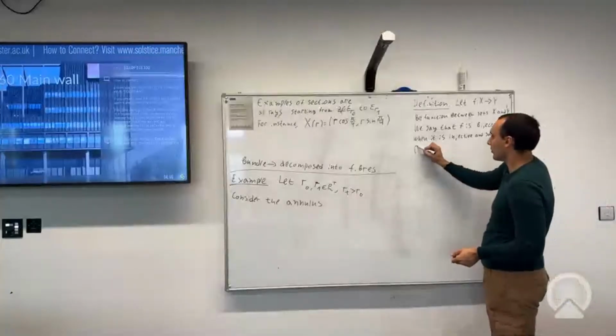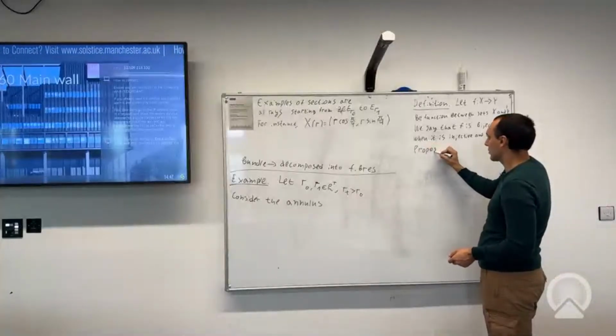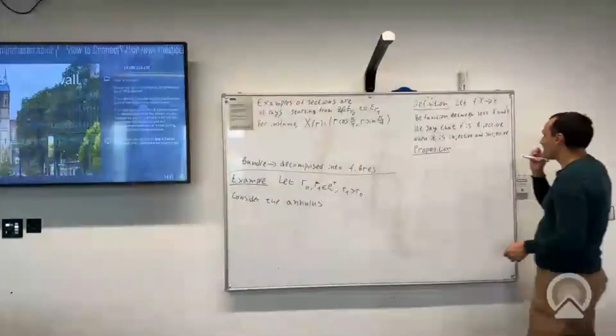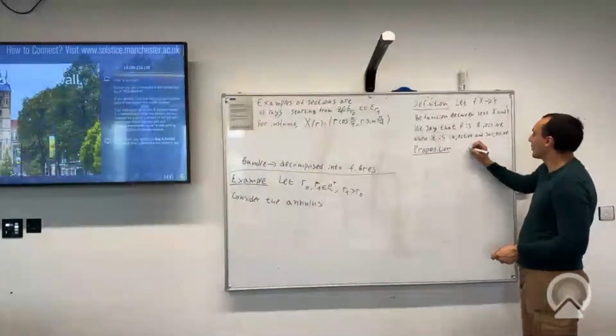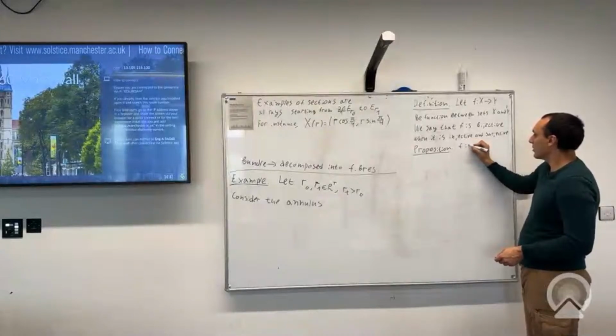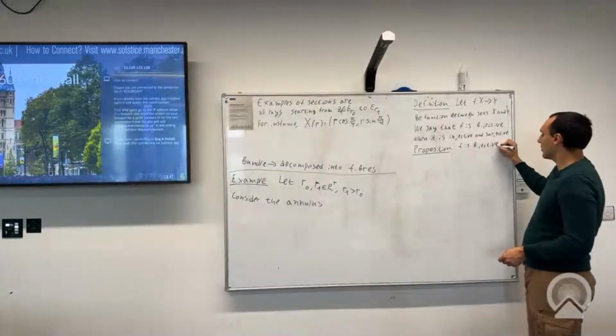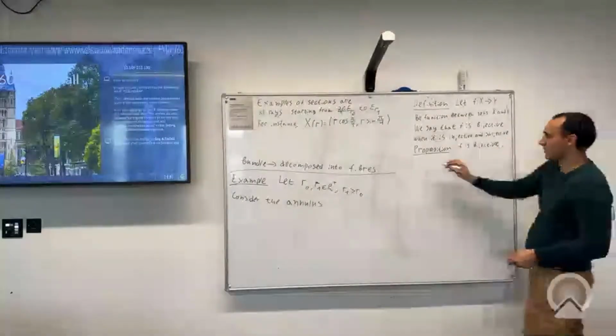So we have the following proposition. F is bijective when it is invertible.